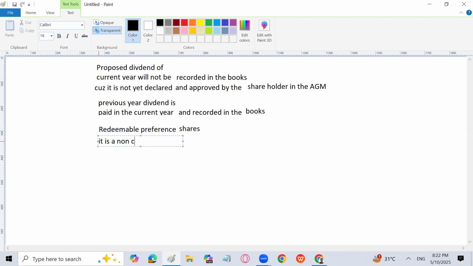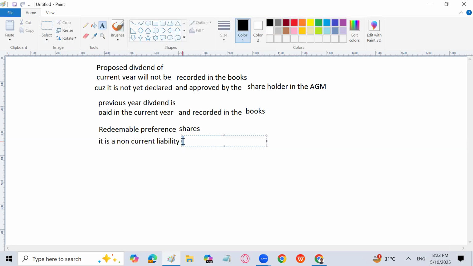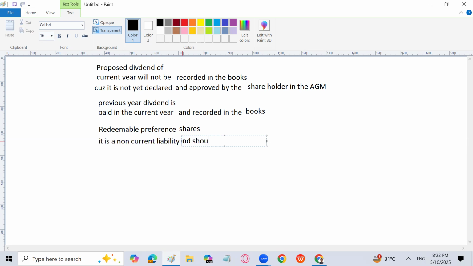It is a non-current liability and should not be recorded under equity. It is not a part of equity.